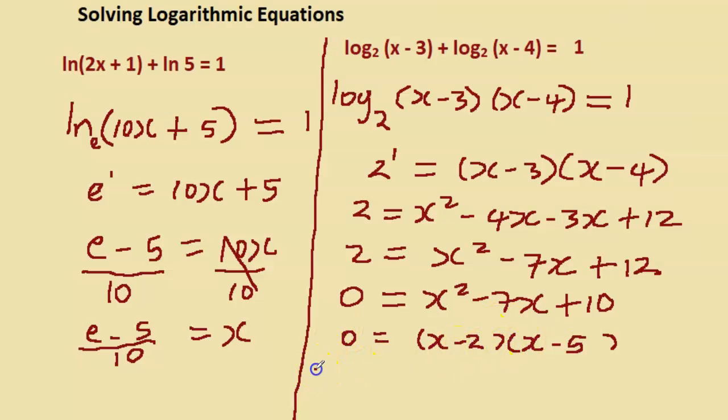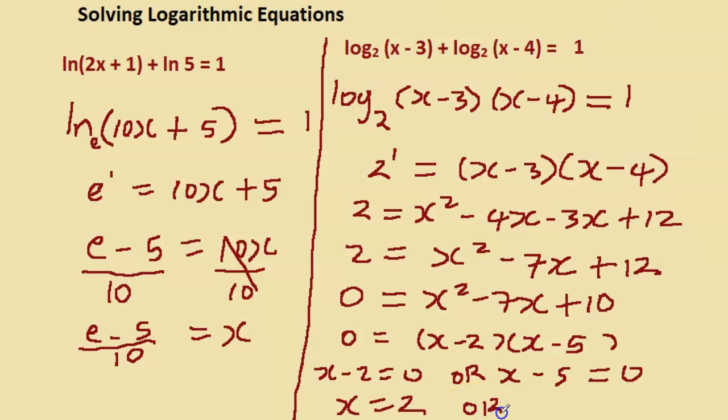And to solve, we equate both brackets to 0. So x equal to 2, x equal to 5. And that's our solution. Notice to test your solution, you can always substitute the values into here, and the left hand side should always be equal to 1.